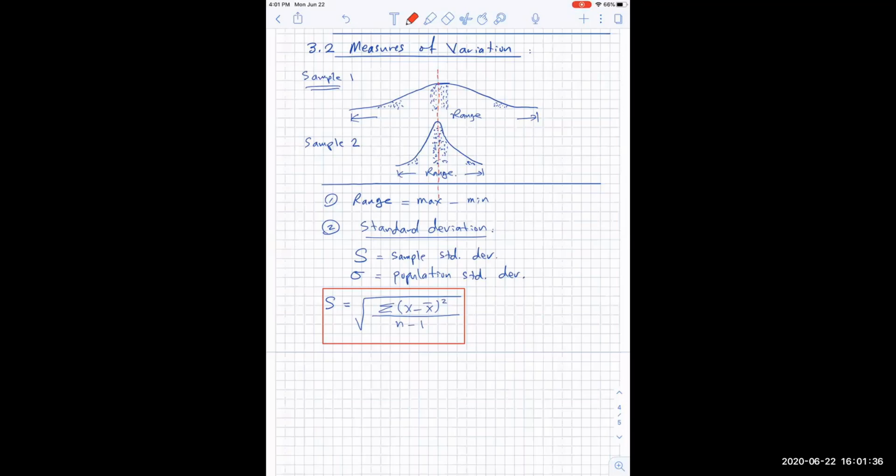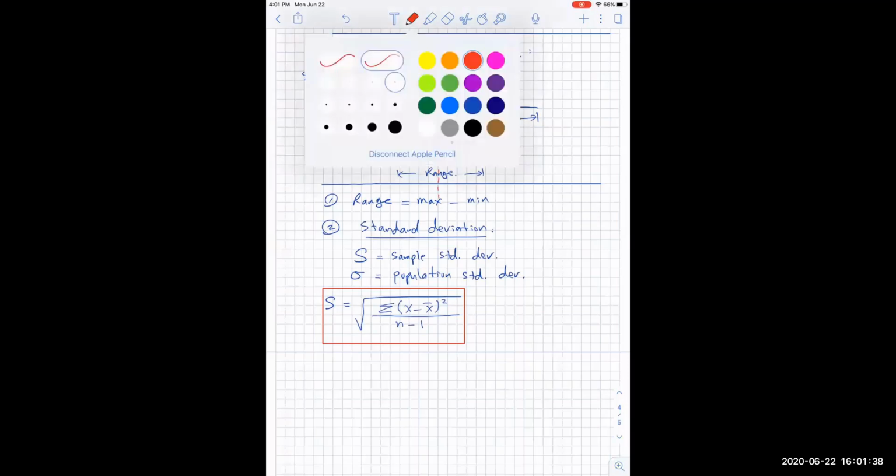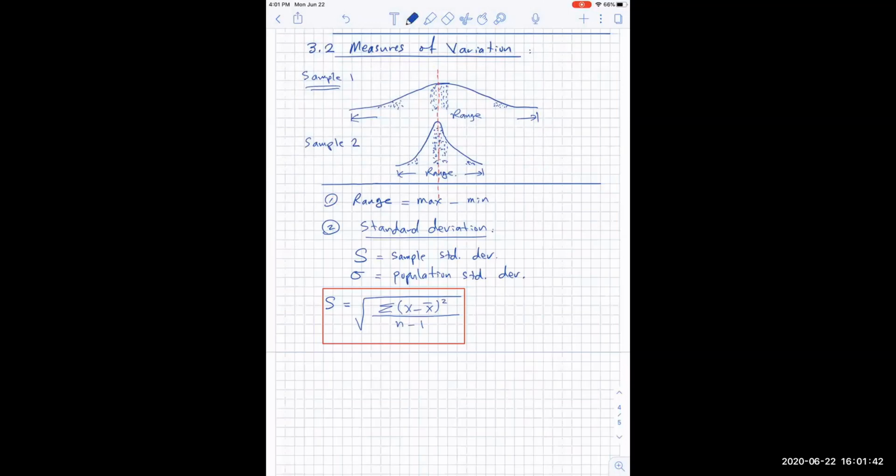Now, if it's a population set, then we're going to use sigma, and sigma is again the square root of the sum of x minus mu squared.